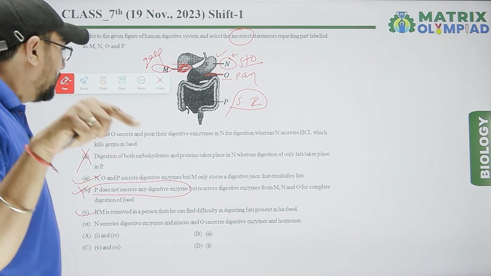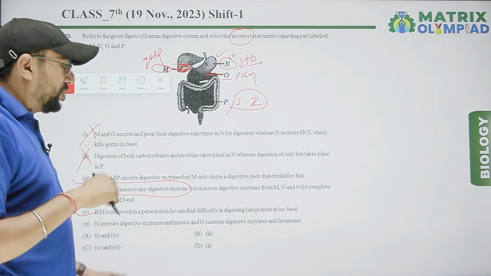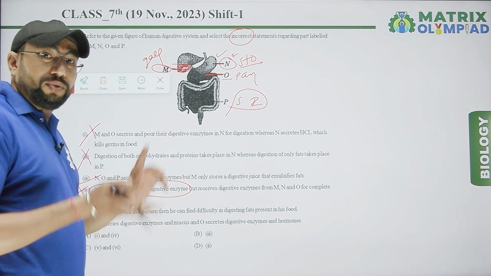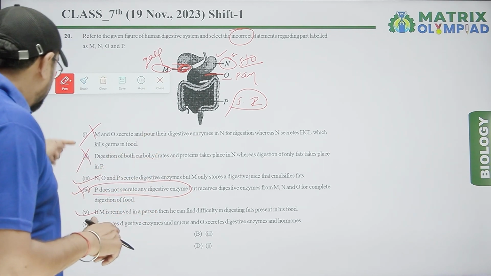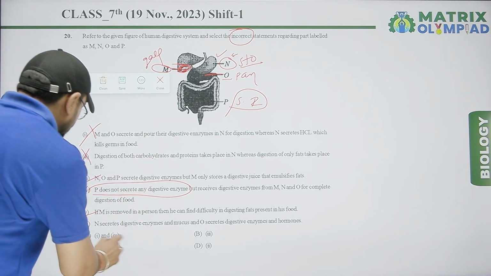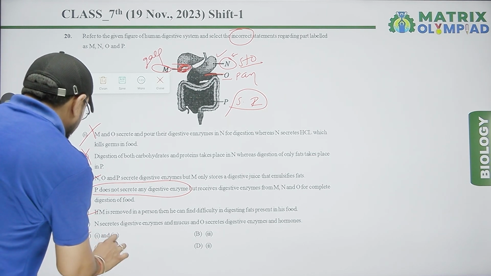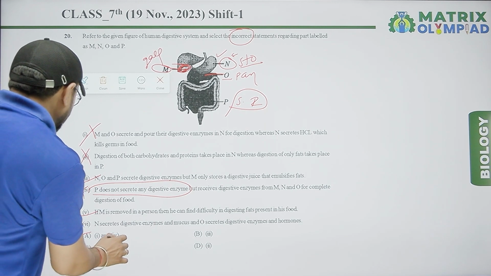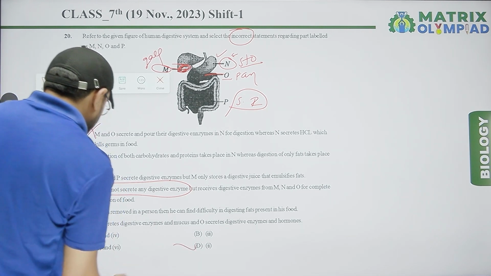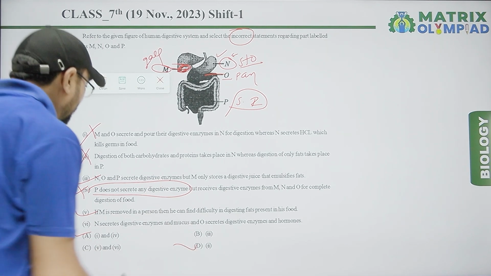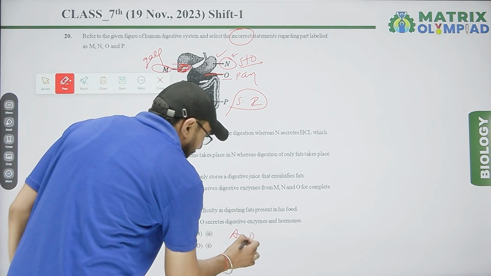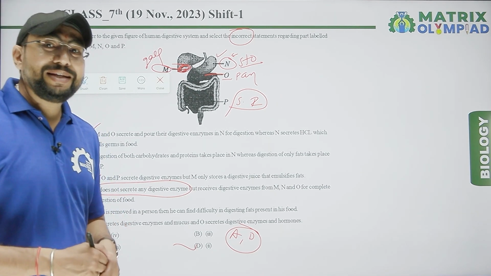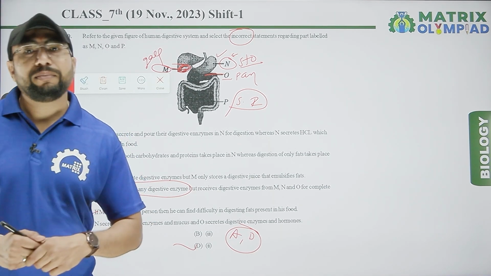O, pancreas, releases enzymes for digestion and some hormones. So according to this, first and fourth are incorrect, and second is incorrect. So A and D is the right option for this question. These are the solutions for biology.